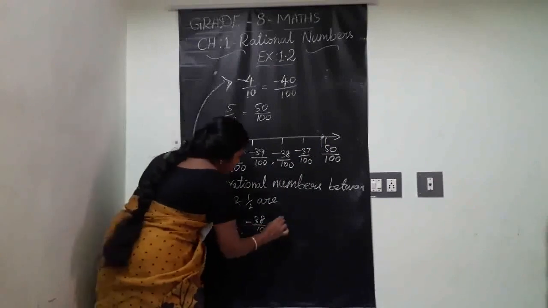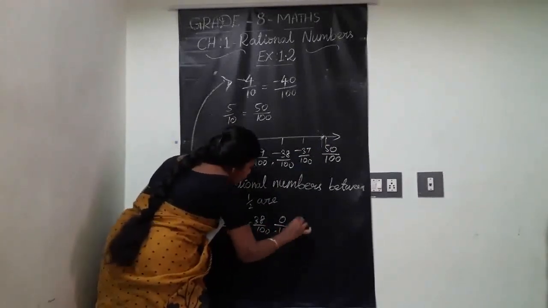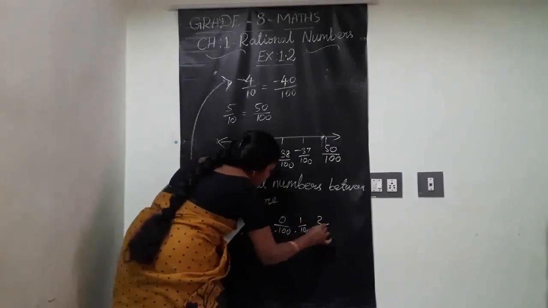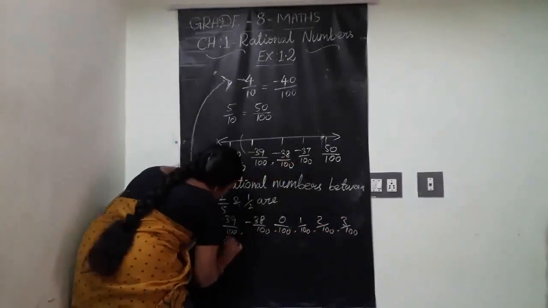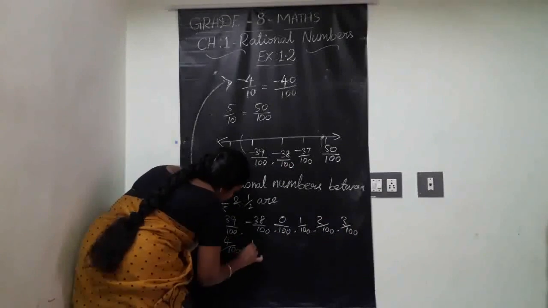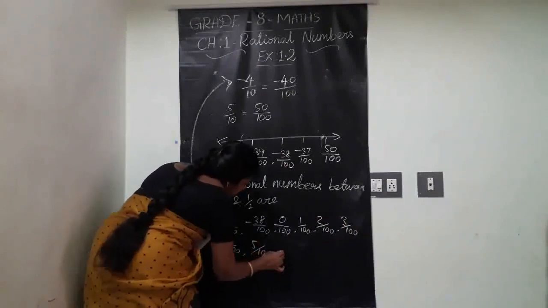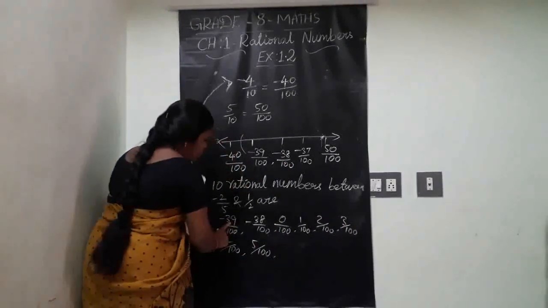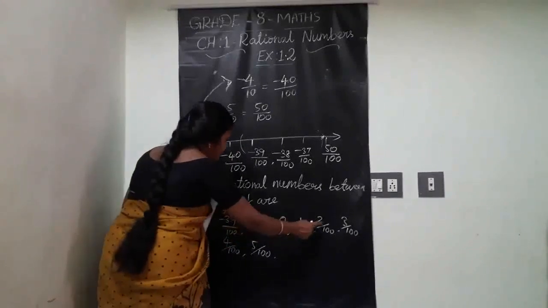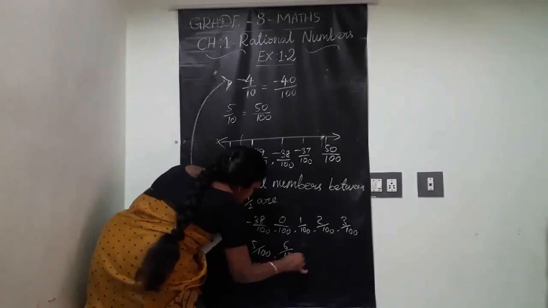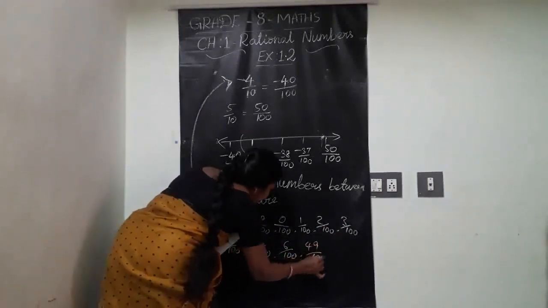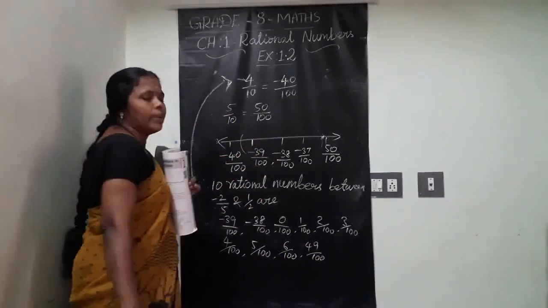So 0 by 100, 1 by 100, 2 by 100, 3 by 100, 4 by 100, 5 by 100, etc. Like that the 10 numbers you have to cover. 1, 2, 3, 4, 5, 6, 7, 8. Okay. 49 by 100. Any numbers between them we can take.